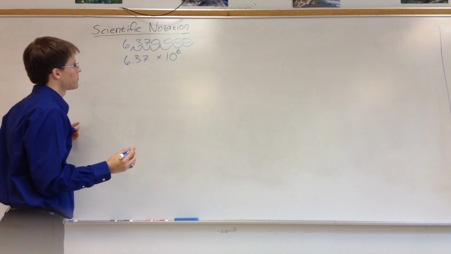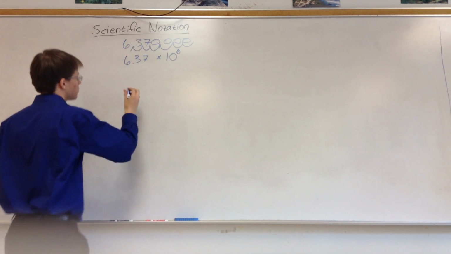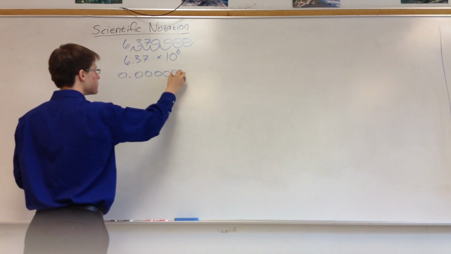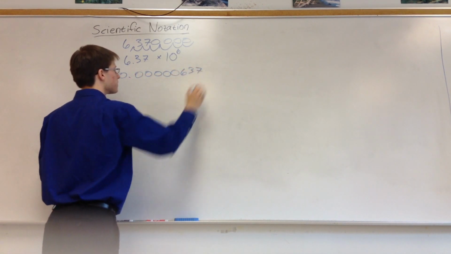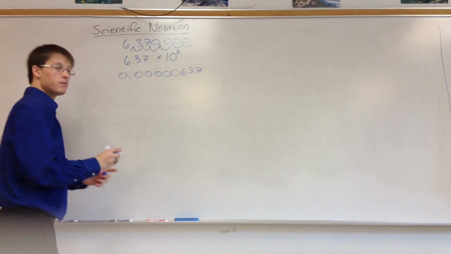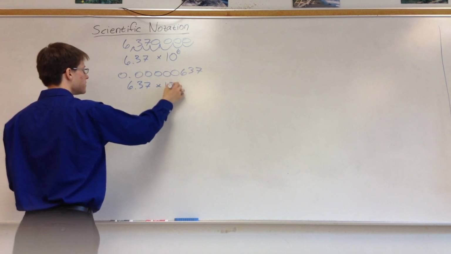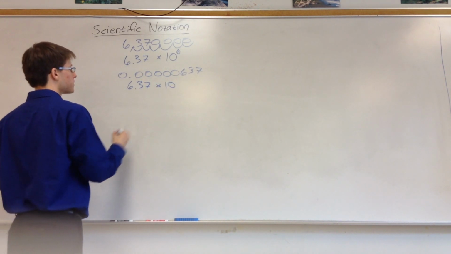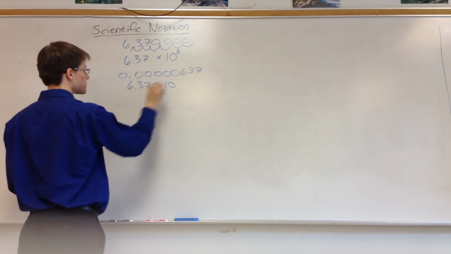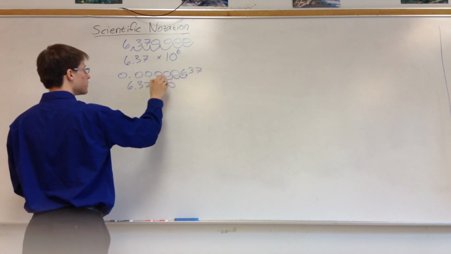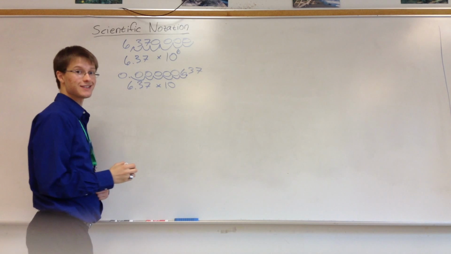Now, what if we had the opposite? What if we had 0.00000637, for example? We're still going to have 6.37 times 10 to the something, but this time we need to move the decimal point 1, 2, 3, 4, 5, 6 spots to the left.